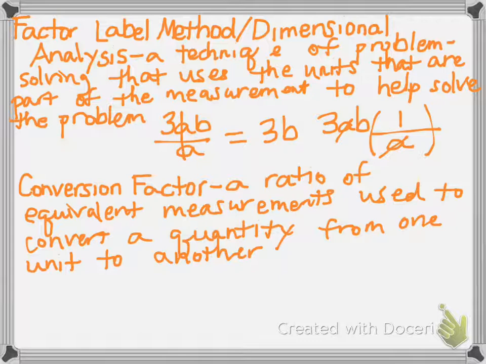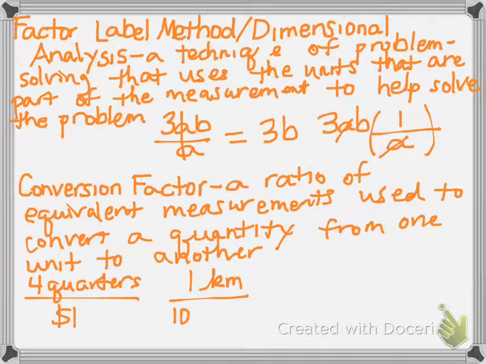Also true within the metric system. So that conversion factor would look like this: you'd have 4 quarters over a dollar. This is also true within the metric system. If you tell someone to walk 1 kilometer and you tell a different person to walk 1,000 meters, 1,000 meters is 1 kilometer.